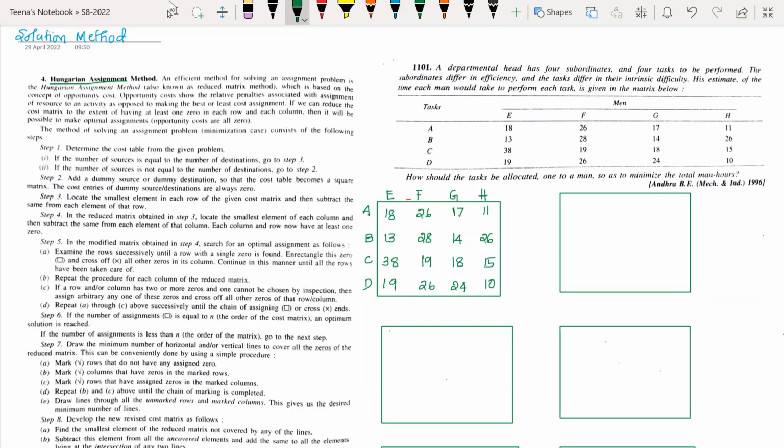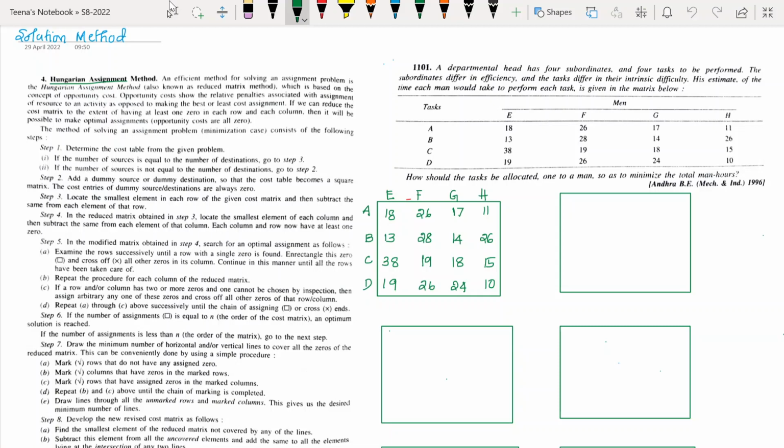So the time is given, not the cost: the time for each subordinate to perform each of the activities. The tasks are A, B, C, D. The subordinates are E, F, G, H, and the time required by subordinate E to complete task A is 18, and similarly the time required for subordinate G to complete work C is given as 18 hours, or 18 units of time.